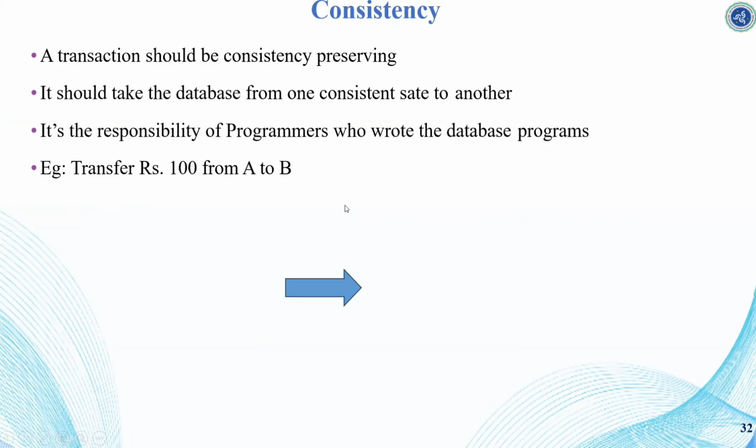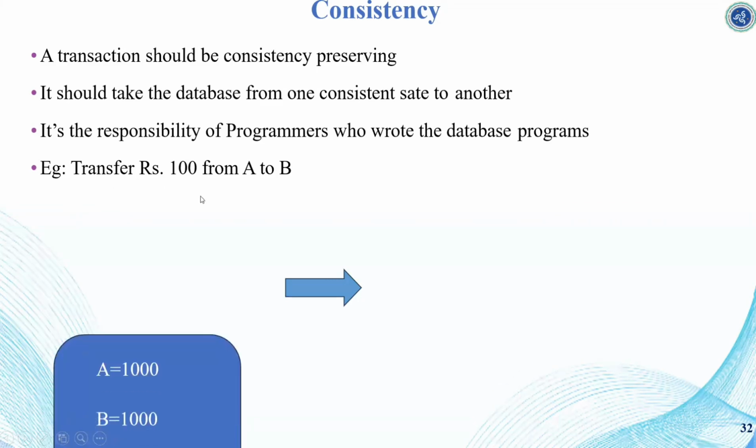Okay, next one is the consistency. The transaction states should be consistency preserving. That is, it should take the database from one consistent state to another. So here it is the responsibility of the programmers who wrote the database program to keep the data consistent. Again, we are seeing the same example.